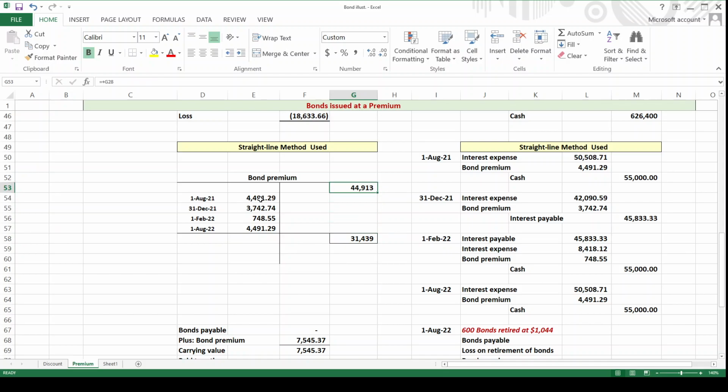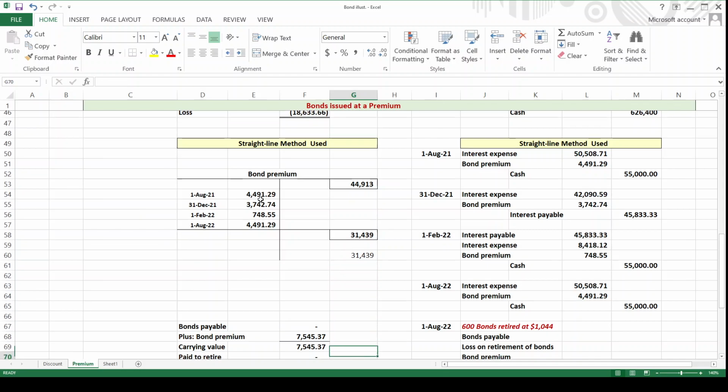If 3 payments have been made, 30% of the time has gone by. Okay, we should be able to get the same number by taking 70% of the 44,000. Let's see if that works. $31,439. Once again, what happens when you do something 2 different ways and get the same number? You're happy as hell.